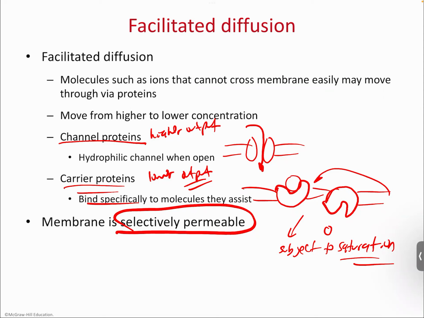But here's the problem. A channel is basically like a pore in the membrane that usually allows some sort of small polar molecule. That's usually what facilitated diffusion is for.